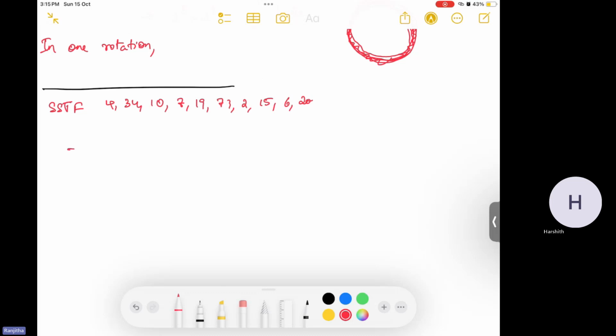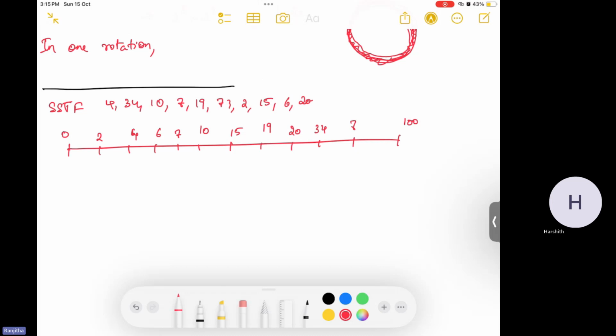So let's draw the line 0 to 100. We have 2, 4, 6, 7, 10, 15, 19, 20, 34, and 73.